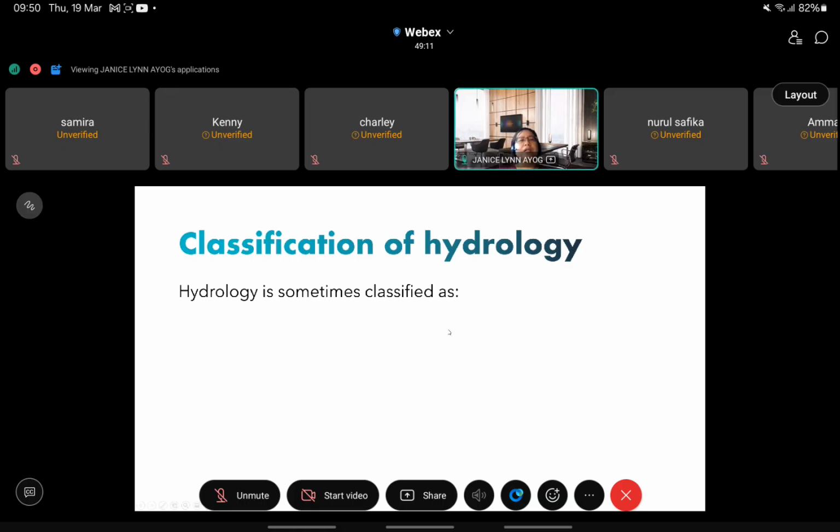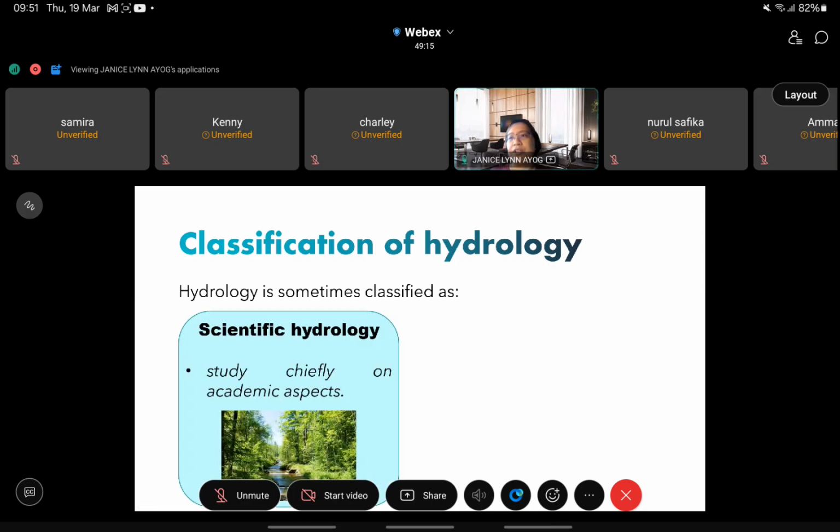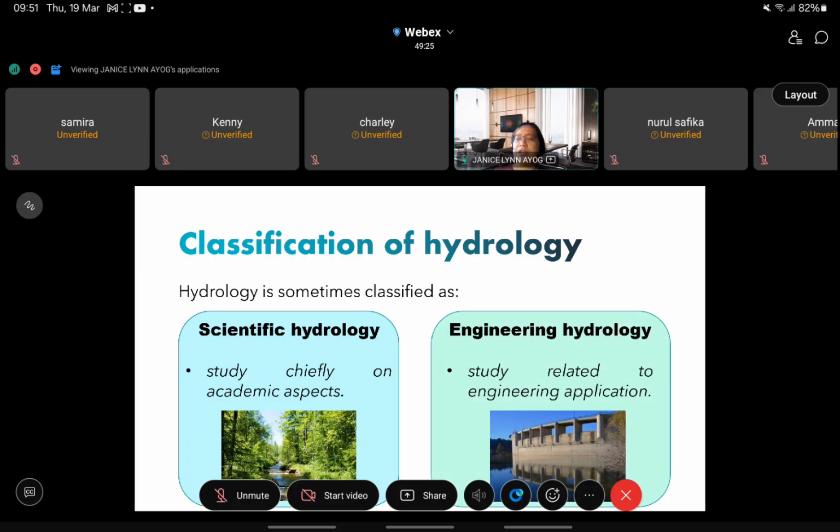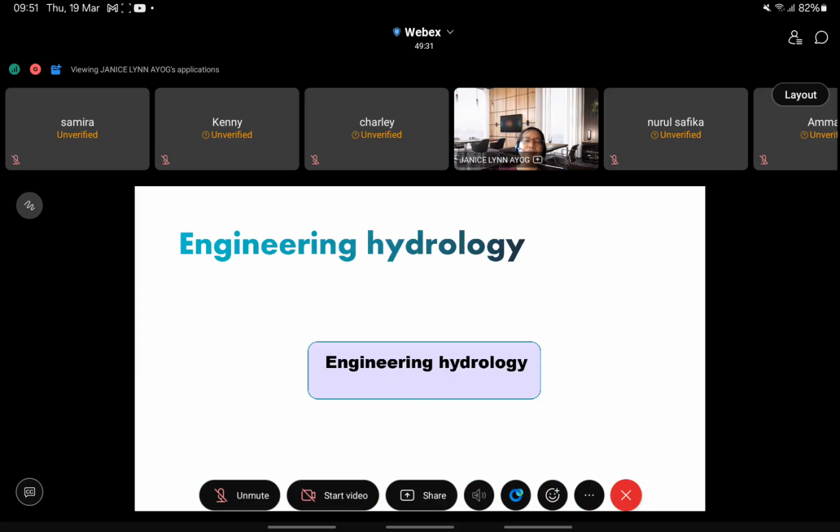Hydrology is sometimes classified as scientific hydrology, which mainly covers the academic aspect, a study of water. But the one that we're going to cover is engineering hydrology, which relates to engineering application.